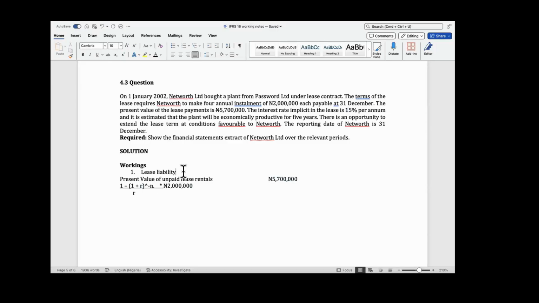Now, this 5.7 represents the value of the lease liability at 1st January 2002. At the end of each reporting date, that is when you would have to add the interest and remove the lease rentals from the lease liability.